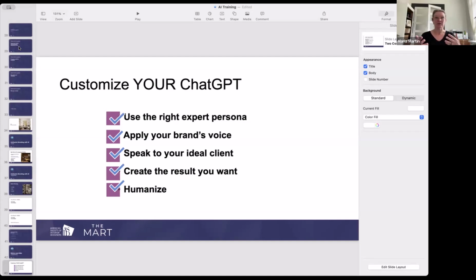That's called your brand's voice: how you speak, what all of your other written works look like, so that when it operates as an expert, it also understands how you speak. And then we want it to be speaking to your client that you have told it about. Then you're going to get a result that's closer to what you want.